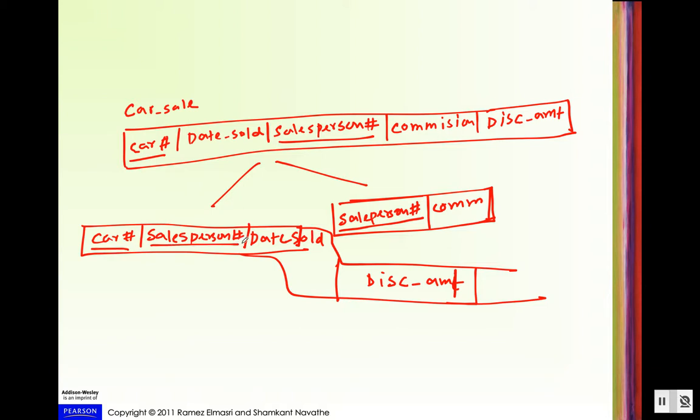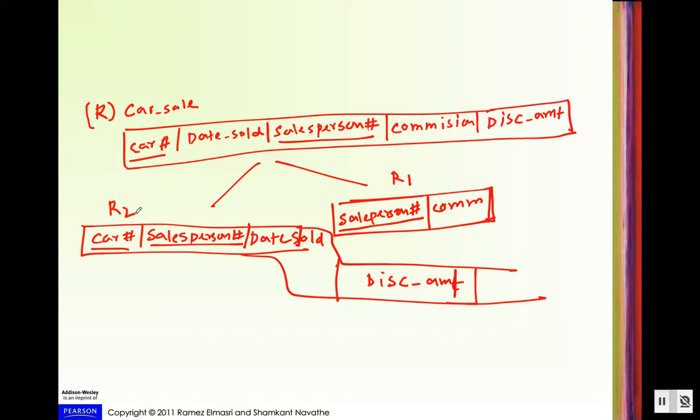These are the primary key. Sorry about the bad picture, but this is one relation. If this relation is R, it will be decomposed into R1 and R2.